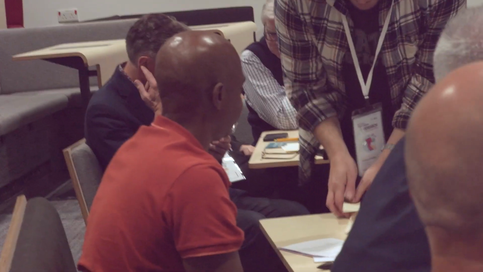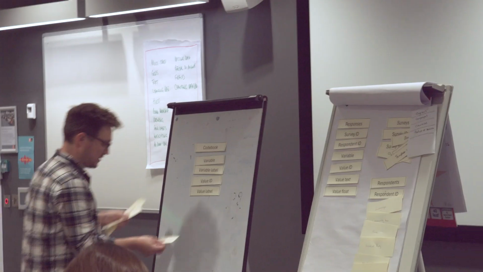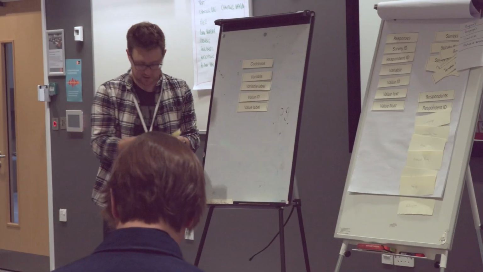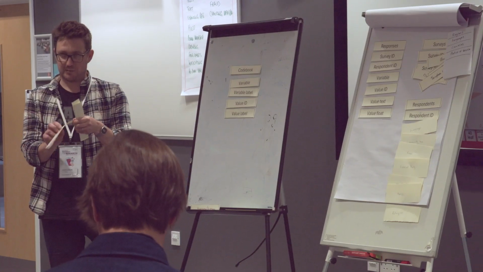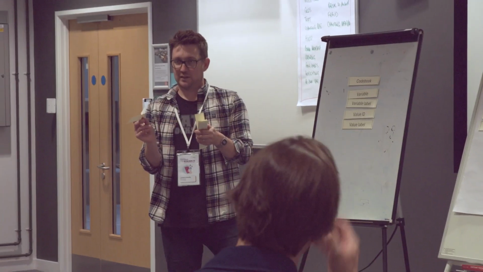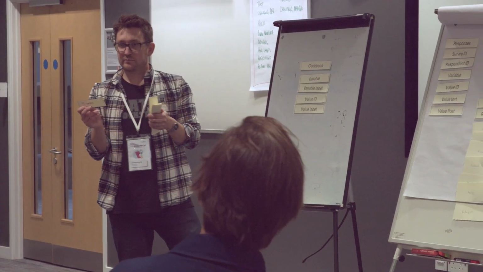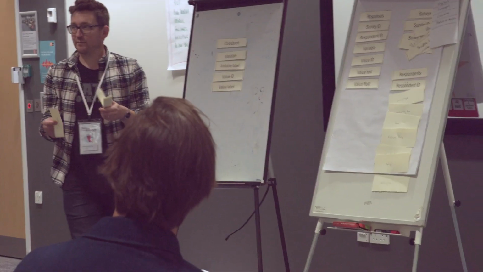Fab. And then for codebook, what have we got? We have whether it's a hidden or system variable. Filtered. What do you mean by filtered? If the question is asked of everyone. Seen on path. Yeah.